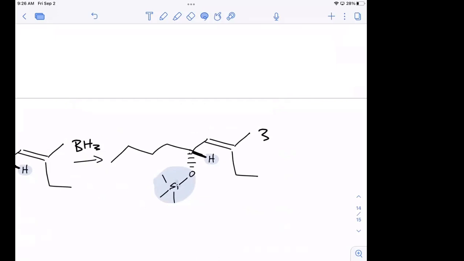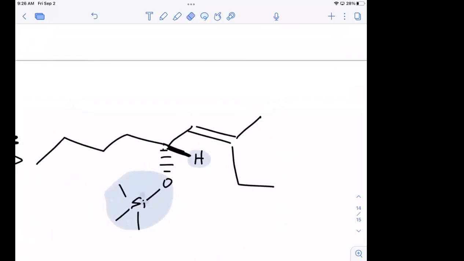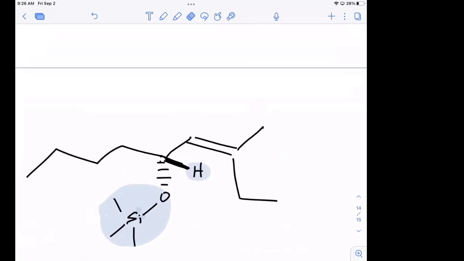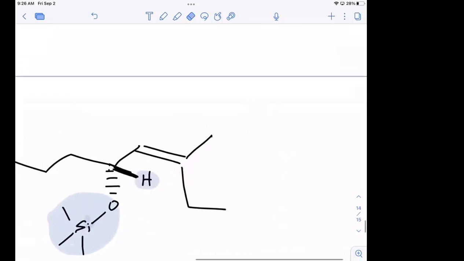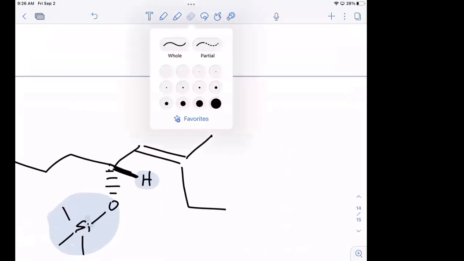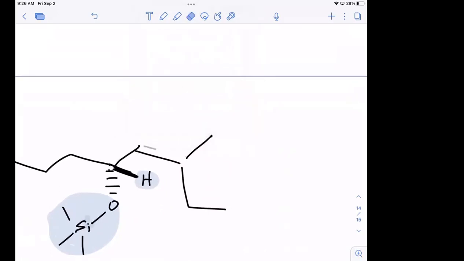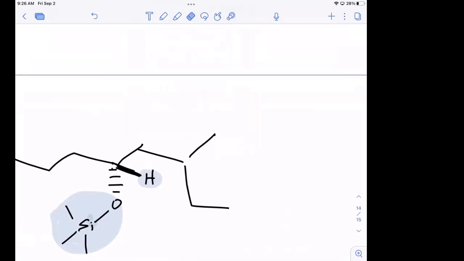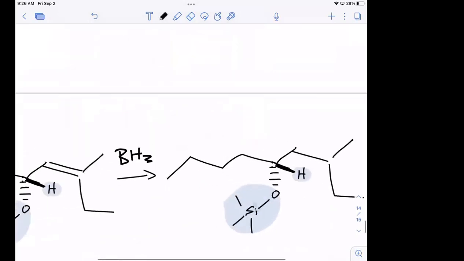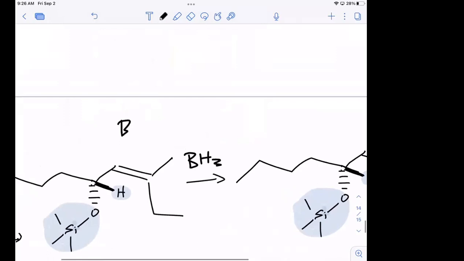So when you think about that in terms of this, the boron is not going to come from the same side where the group already is, right? So it's actually going to attack. Let me change this, because I'm trying to illustrate a transition state. So I'm going to draw it like this.